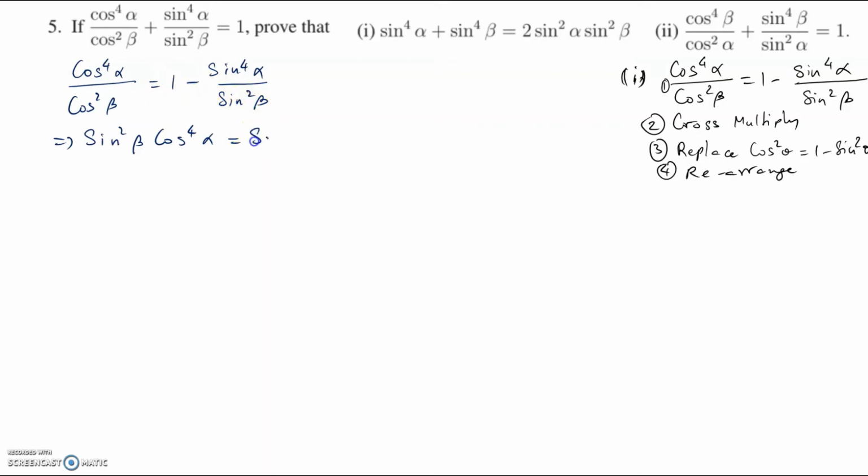So it will be sin squared beta cos squared beta from here minus, again cross multiplying this with the second term, sin to the power 4 alpha cos squared beta. Next, we said we will replace cos squared theta with 1 minus sin squared theta. So wherever we have cos squared theta, cos to the power 4, we will be replacing them all with 1 minus sin squared theta.